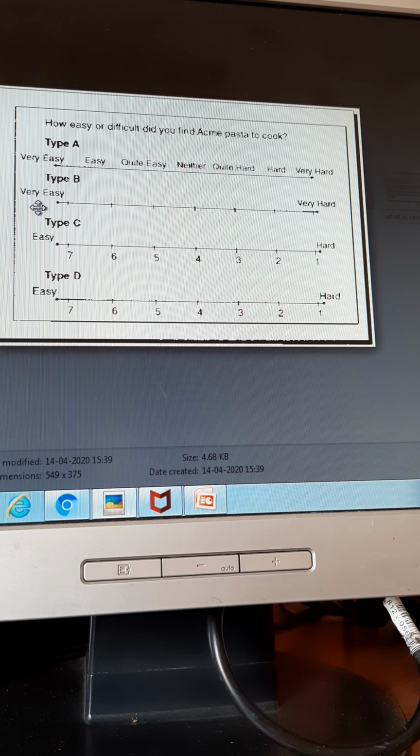This is a 7-point Likert scale, right? So they have used that. And why is it a comparative scale? Because type A, type B, type C, type D, 4 different things are given, and then you can say which one you liked the best. You can say type A is very easy, type B is very difficult, like that.